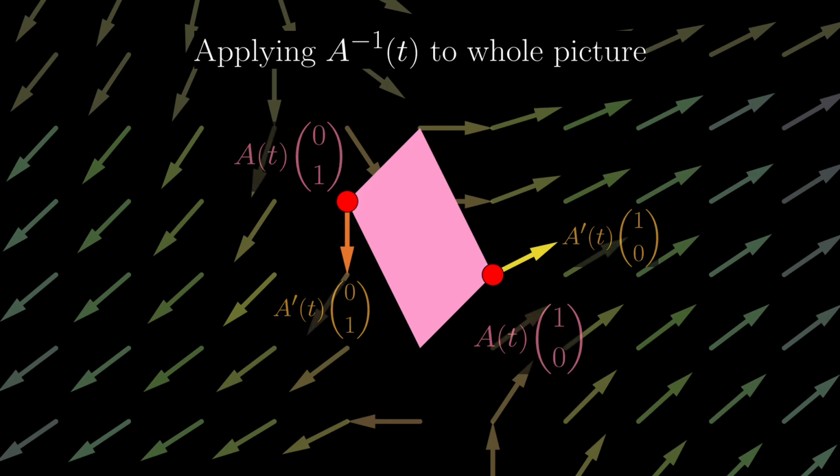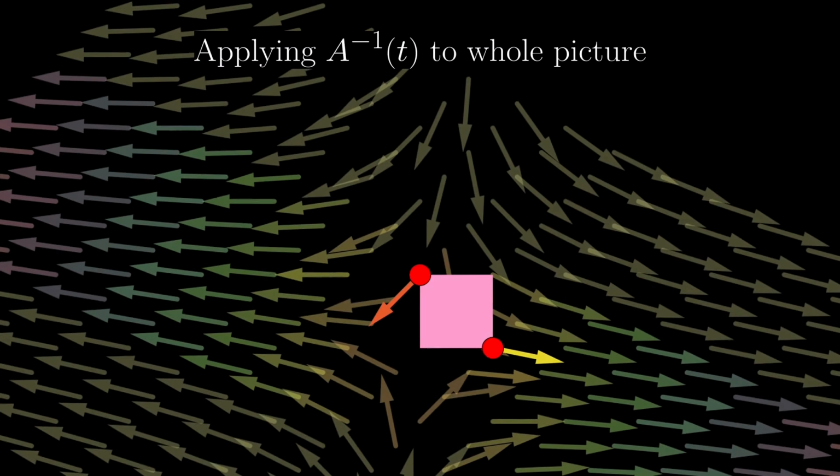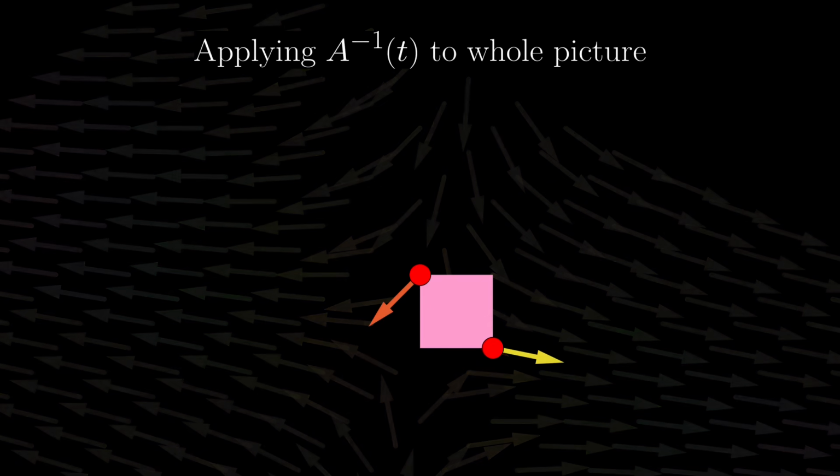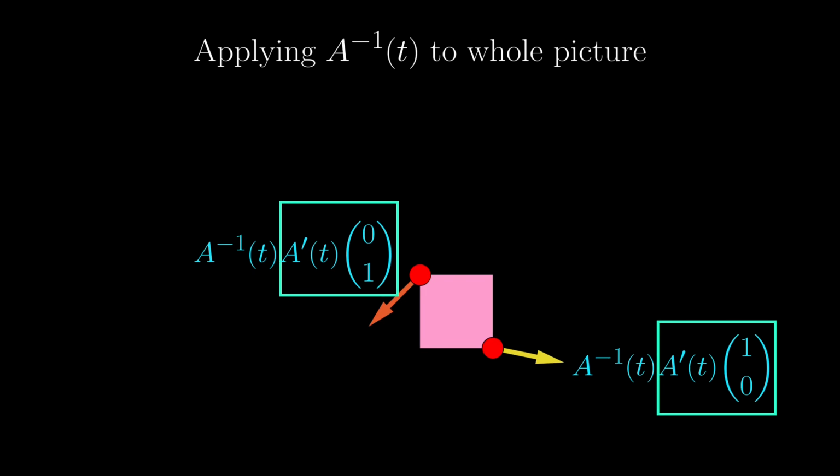In that case, the corners of the parallelogram go back to their standard places 1, 0, and 0, 1, but the vectors attached to these places are A inverse A prime acting on the basis vectors. This is because previously they were just A prime acting on them, but we have applied A inverse to the whole picture.